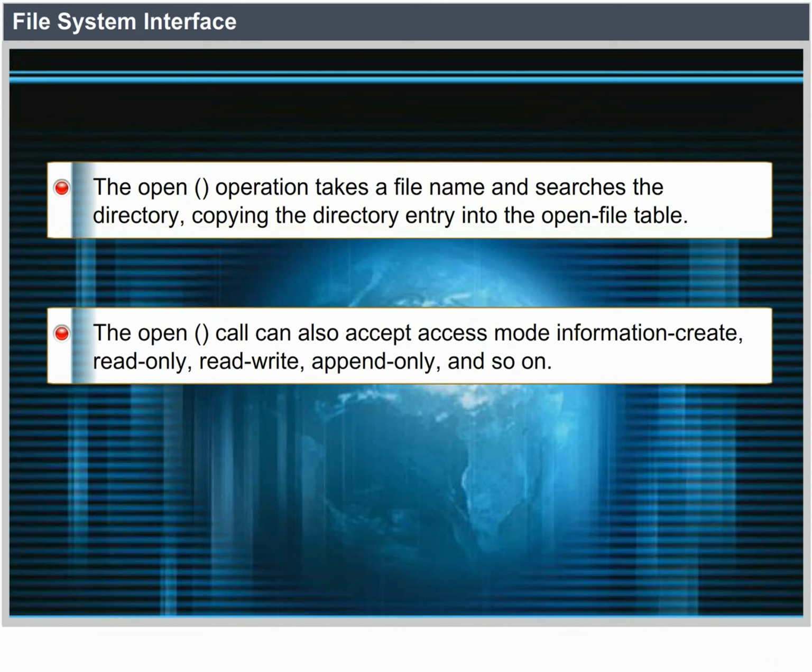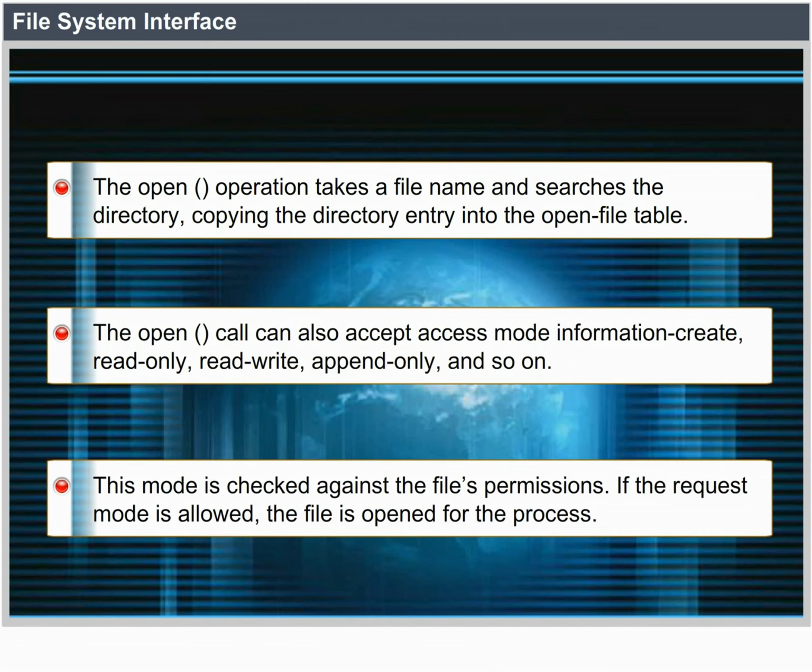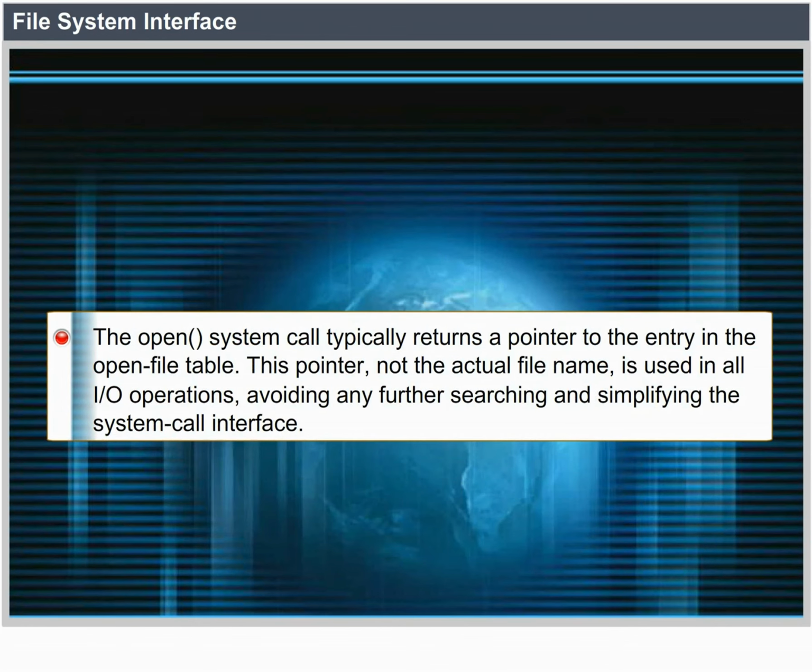If the requested mode is allowed, the file is opened for the process. The open function system call typically returns a pointer to the entry in the open file table. This pointer, not the actual file name, is used in all input-output operations, avoiding any further searching and simplifying the system call interface.